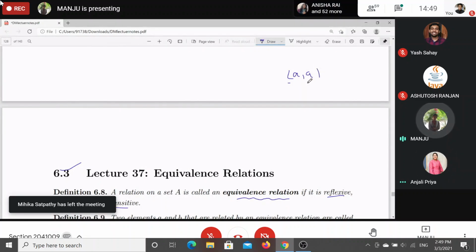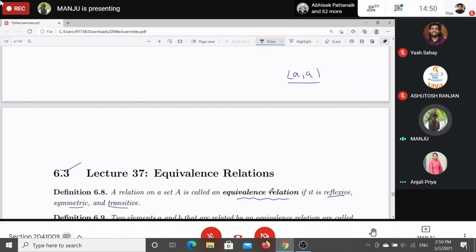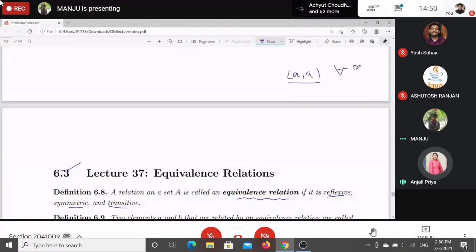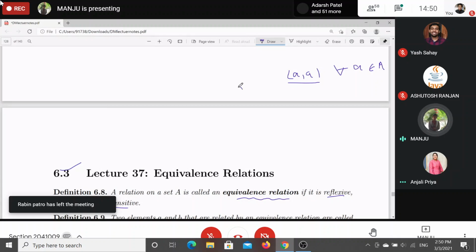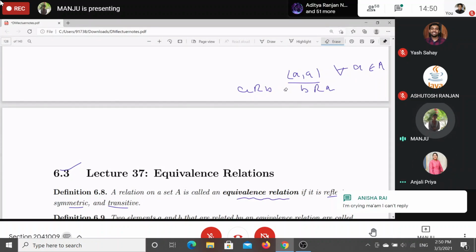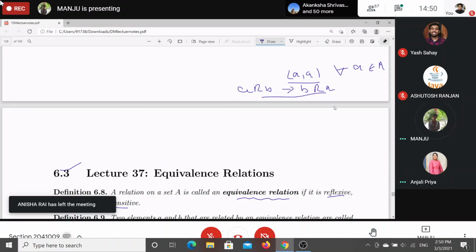Means for all A, the pair A comma A belongs to R. That is reflexivity. What about symmetricity? Ma'am, like A is equal to B, then B is equal to A. Equal to is a particular kind of relation you are saying. So you can just say if A is related to B, then you can say B is related to A. This is symmetricity.